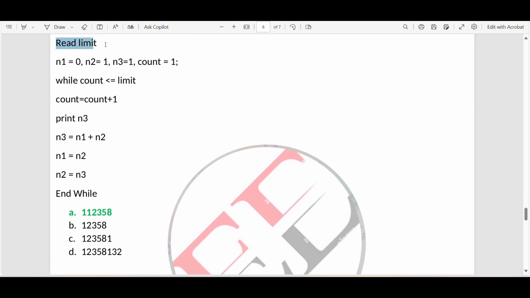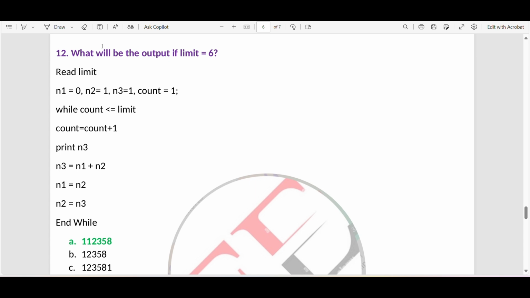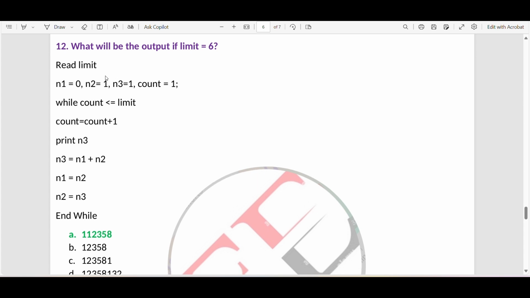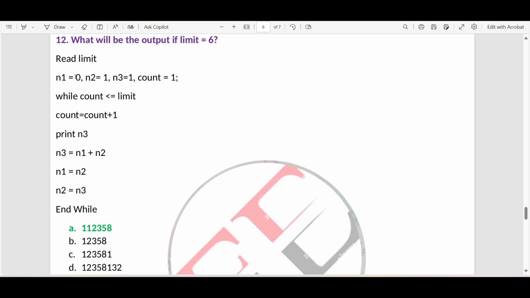First we are reading limit, so limit will be equal to 6. Then we have n1 as 0, n2 as 1, n3 as 1, and count also equal to 1. While count is less than or equal to limit, yes, count is less than or equal to limit because count is 1. Absolutely 1 is less than limit, which is 6.